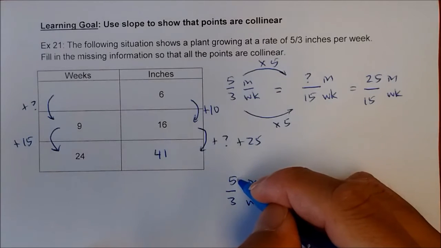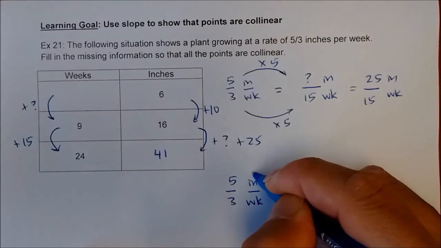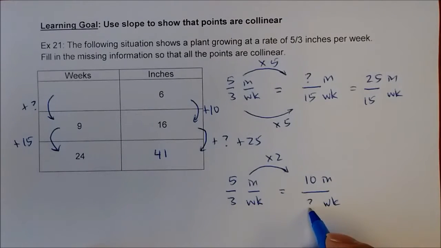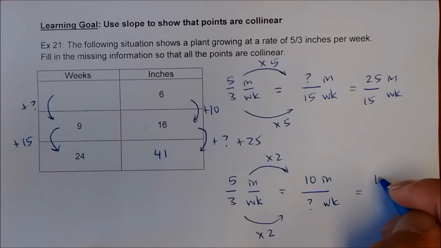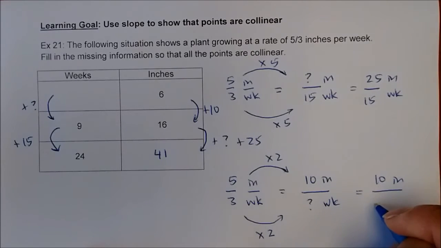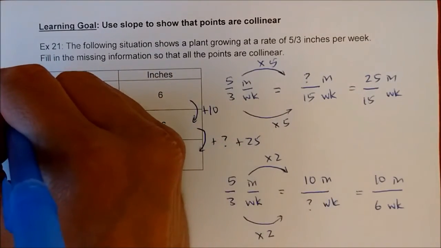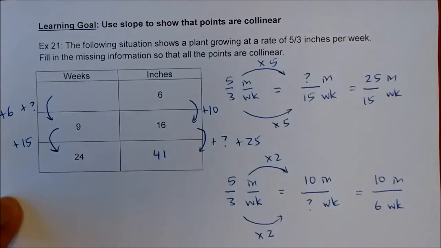Then we can see that to get from 5 to 10, we're going to double it, or multiply by 2. Likewise, we'll multiply the denominator by 2, so 3 times 2 will give us 6 weeks. So now we know that it's going to be 10 inches per 6 weeks. And so now we know we're going to add 6 weeks there.